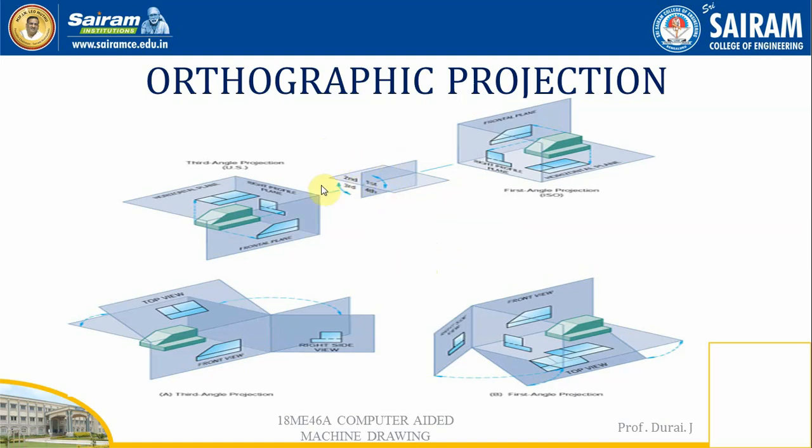We already know that there are four quadrants. In those four quadrants, the second and fourth quadrant drawings are never used, because in the second quadrant, while rotating the horizontal plane towards the picture plane, both the front view and top view are placed on the same profile plane, so we could not get a clear view. Similarly, in the fourth quadrant drawings, while rotating, the top view is placed on the vertical plane, the profile or picture plane, so both views are merged and we could not see them clearly.